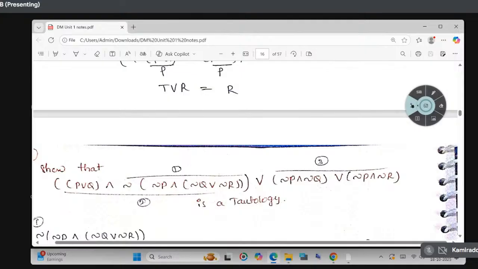Are you applying distributive? Hey, you are applying distributive or De Morgan's.